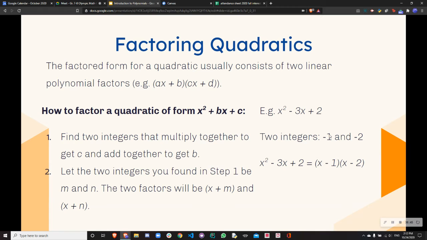Sometimes you can just use guess and check to figure these out, but you can also look at all the positive and negative factors of 2 and figure out which ones will add to negative 3. That's a simpler way to guess and check these integers. Then when you factor this out, you get (x minus 1) times (x minus 2). That's the factored form of this polynomial.